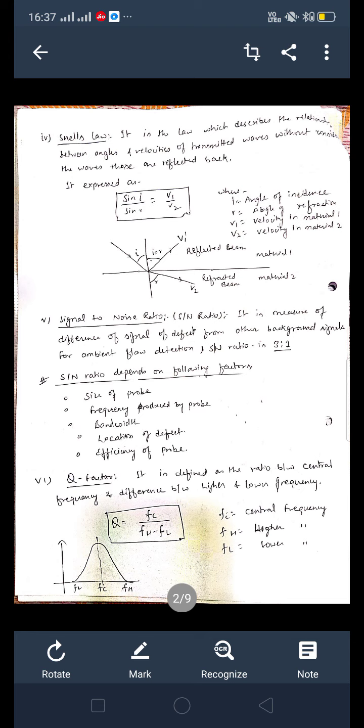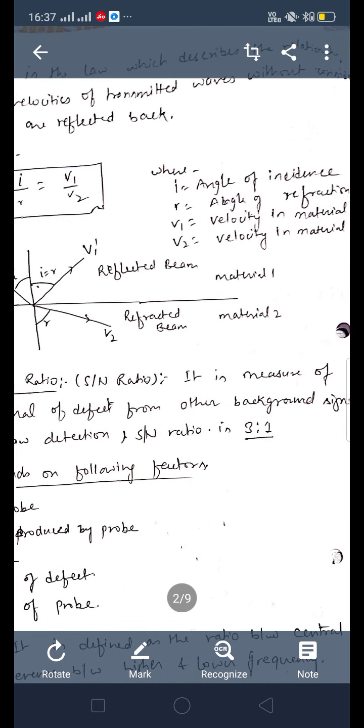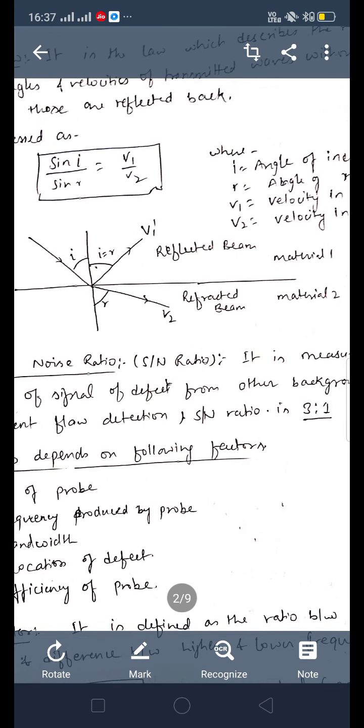Now it is expressed as sin i upon sin r equals v1 upon v2. See this graph, this is the figure. I is the angle of incidence, and v2 is the velocity in material 2. Here is material 2 and here is material 1, and here is I, the angle of incidence, and I equals r.